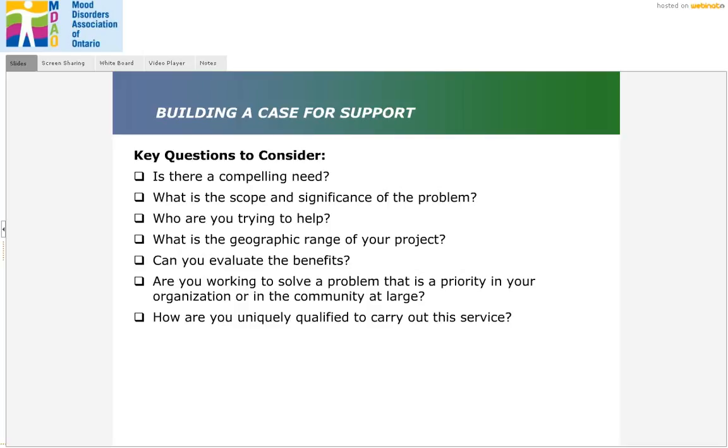And also conversely, how will you evaluate the benefits and impact? Are you working to solve a problem that is a large priority in your organization or in the community at large? And of course, another important aspect for building a case is how are you and your organization uniquely qualified to carry out the project?